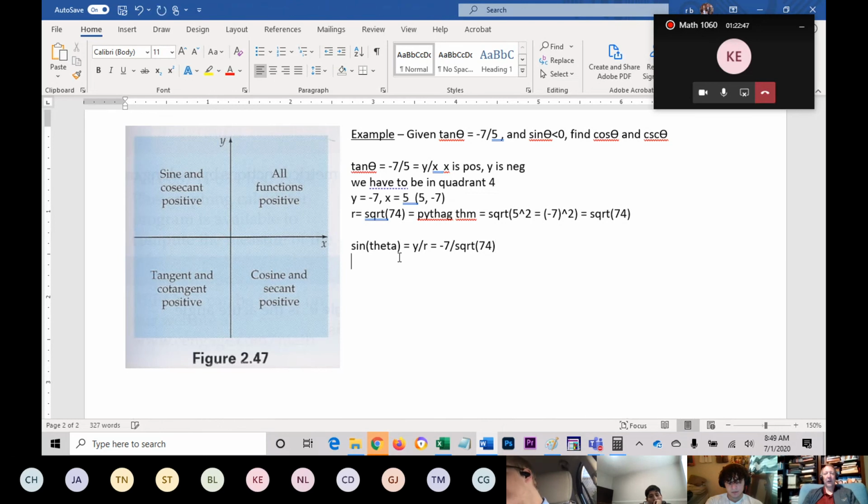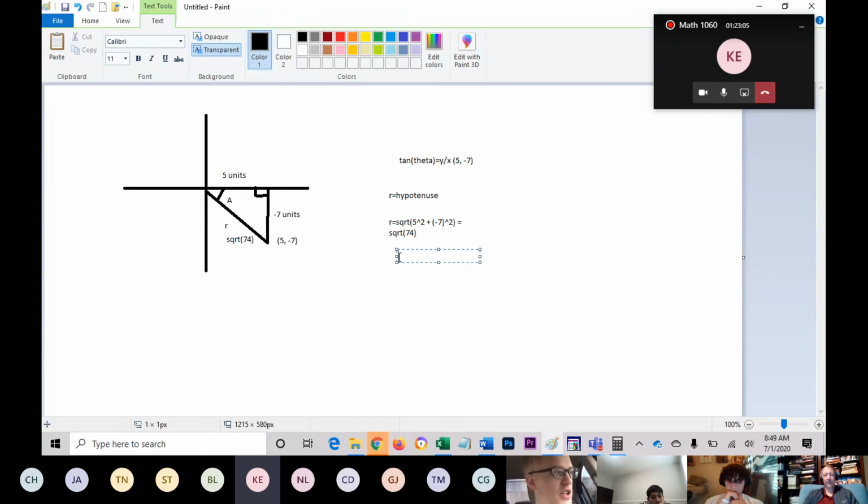Yes. So are you good enough that you can do the cosine of theta as well? Cosine, let's see. Adjacent over hypotenuse. Right. That is, what's that?